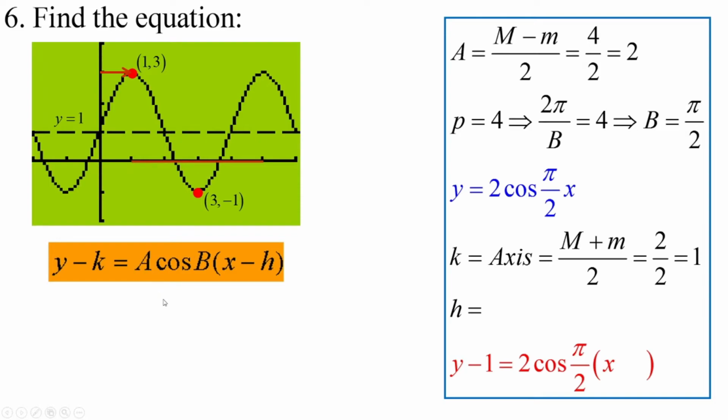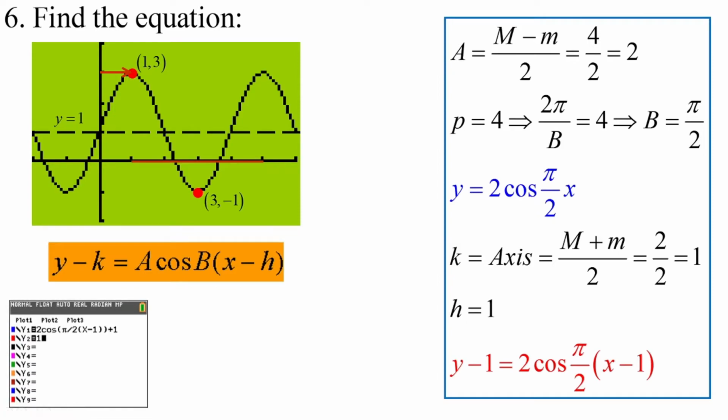Okay, now the h. Well, this is why I use cosine. I can clearly see that a cosine curve was translated horizontally 1 unit to the right there. So that means my h is 1, and that means 1 unit to the right. This x is going to be x minus that 1. And there is the perfect equation to that graph right there.